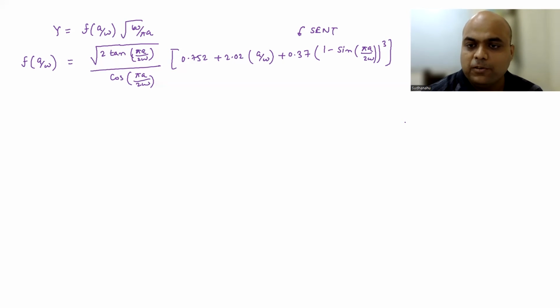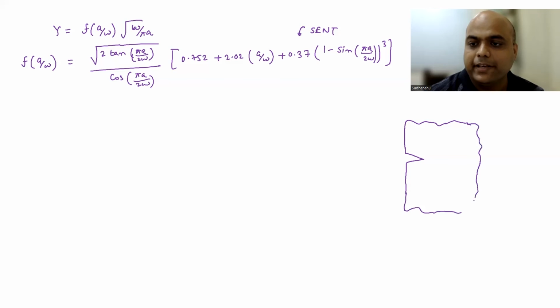If I draw the specimen for that, it will be something like this, so one side is fixed, and then a zigzag. So this is like a semi-infinite plate, SENT.